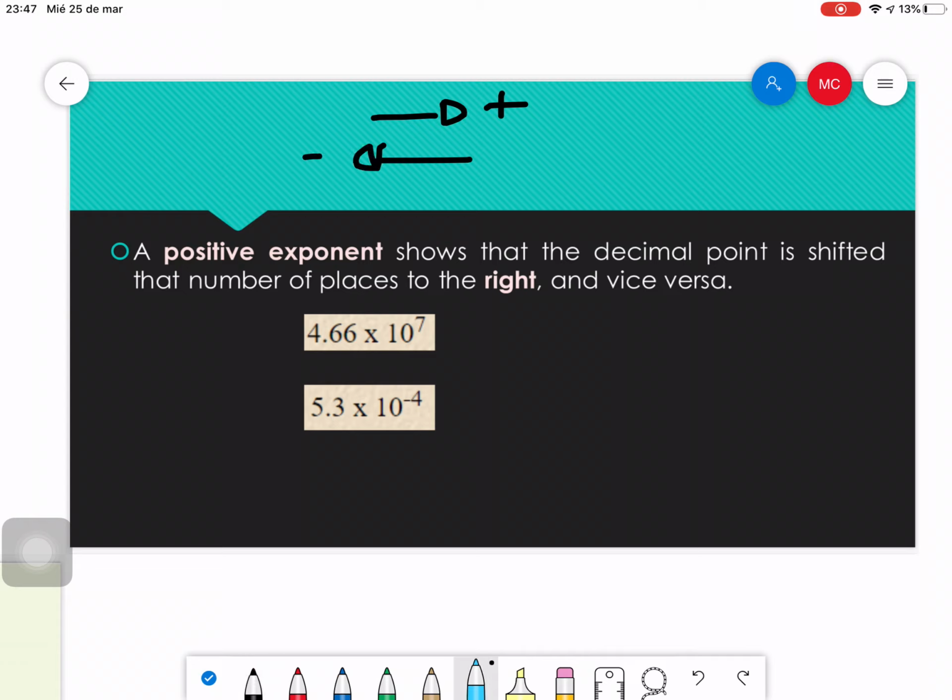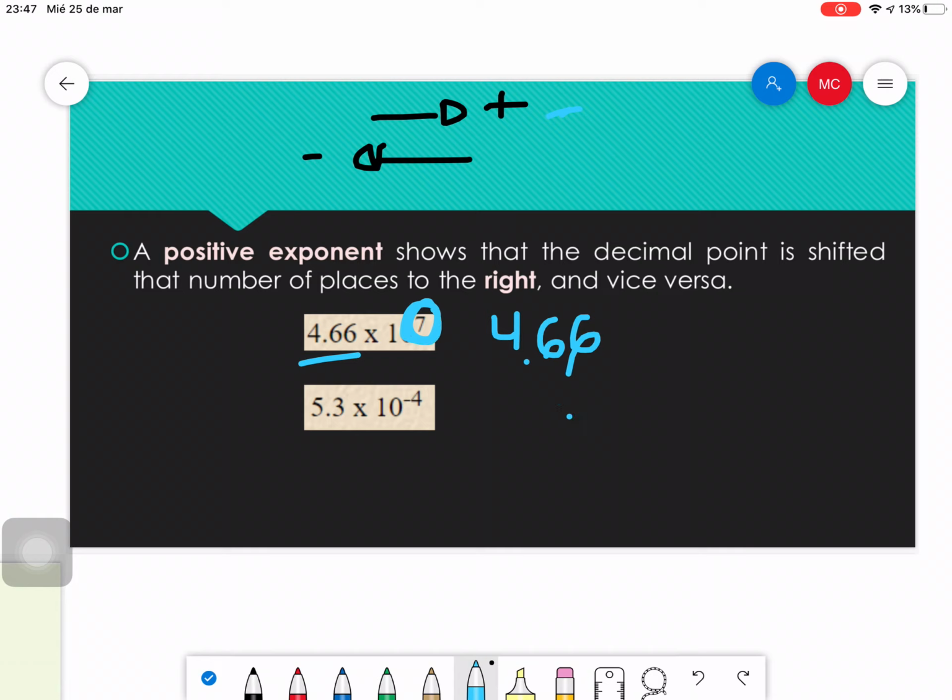This will be easier than the last exercise. You just need to see the number 4.66. And then I see if the exponent is positive. Yes, it is. That means I'm going to move to the right. How many times? The amount of times it says here.